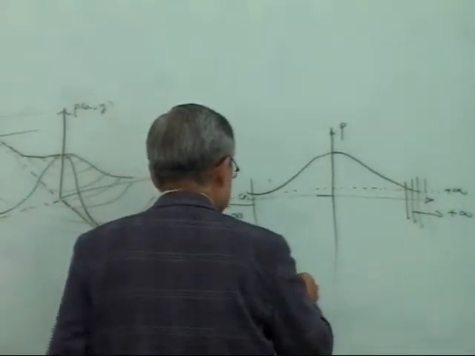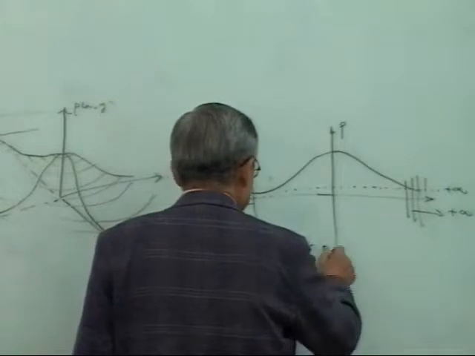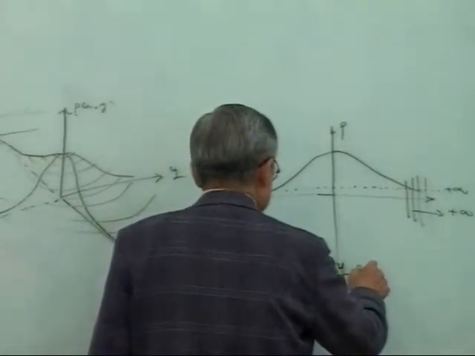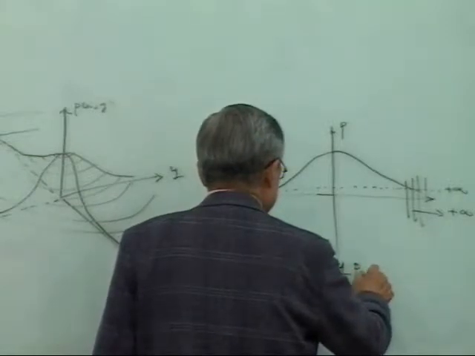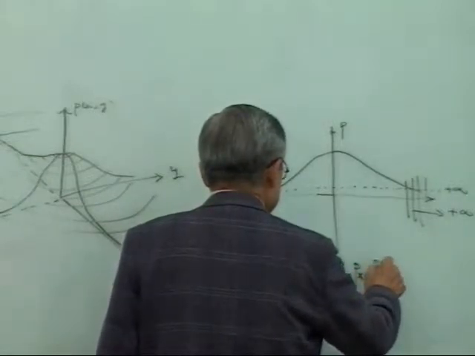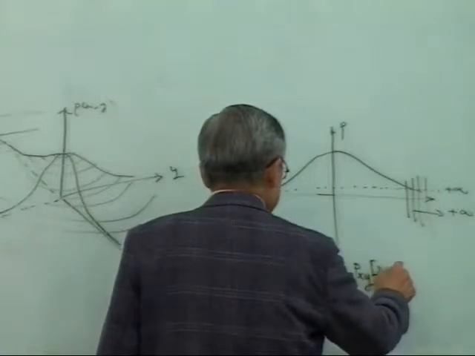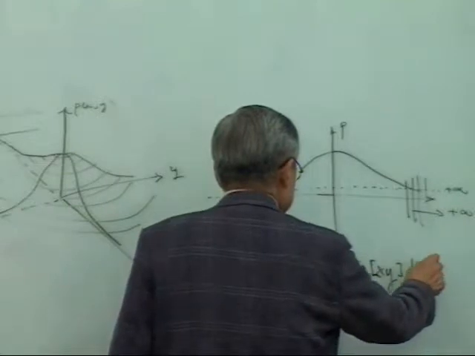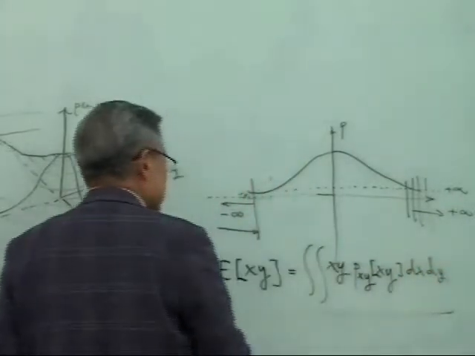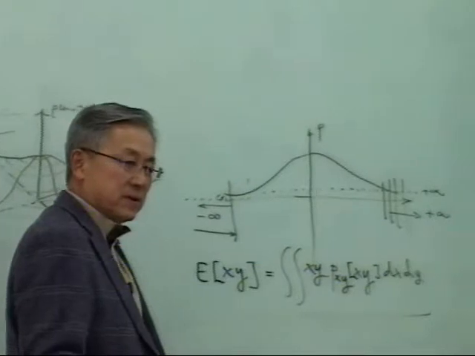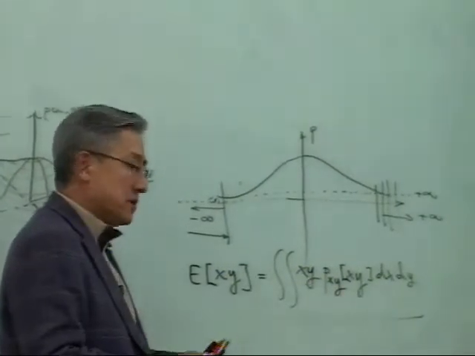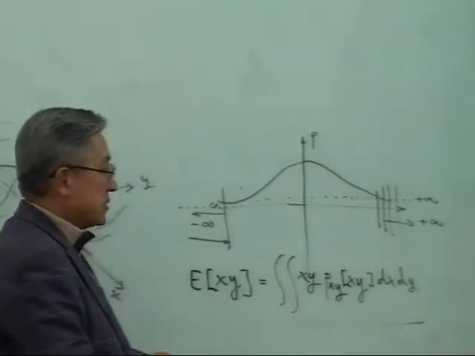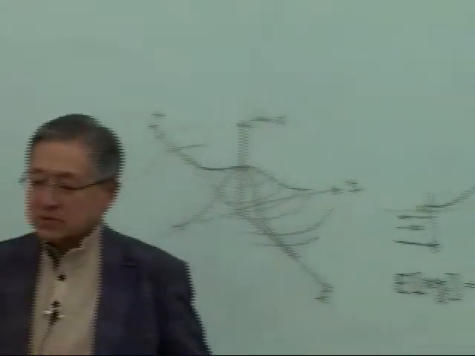Then I have to have x, y, then probability x, y, dx by the definition. That's what I'm heading for. Then every entry you have to really get the information, then you can solve the problem.